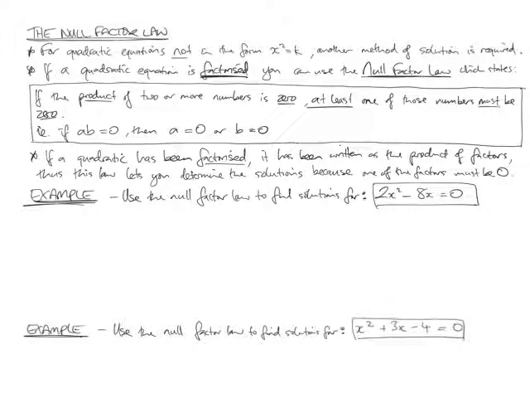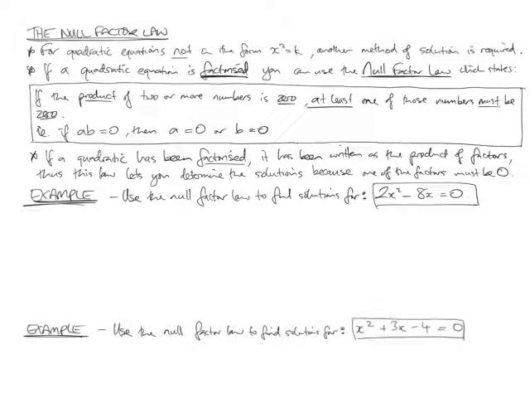At least one of the numbers that's been multiplied has to be 0. So you can summarize that rule as if AB is equal to 0, then A can be 0, or B can be 0, or both, even.